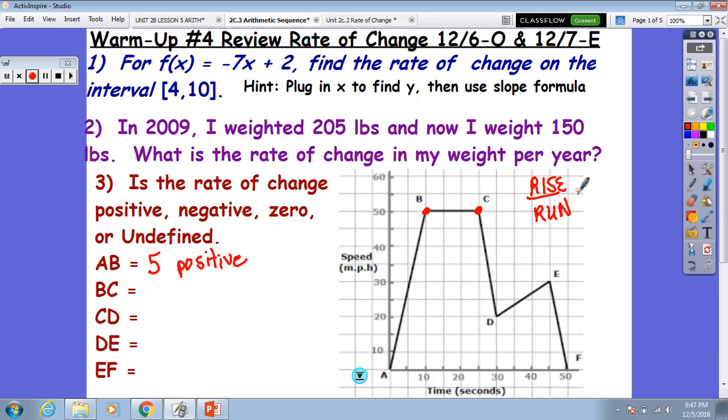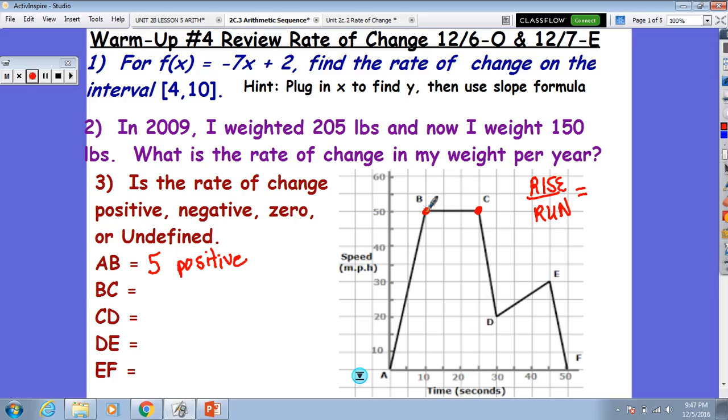Okay, all right, so rise, do I have to go up or down to get from B to C? I don't have to do either, so that means that number is going to be 0. Now my run, remember every 2 marks that we move is 10. So that means they're going by 5s. So this is 5, 10, 15.